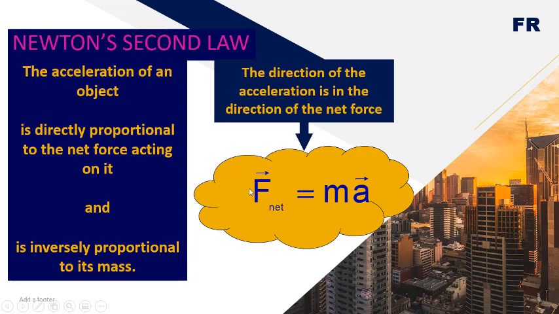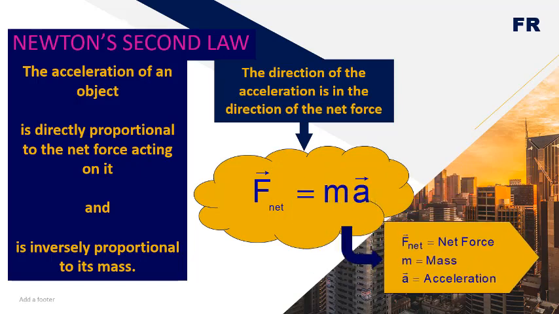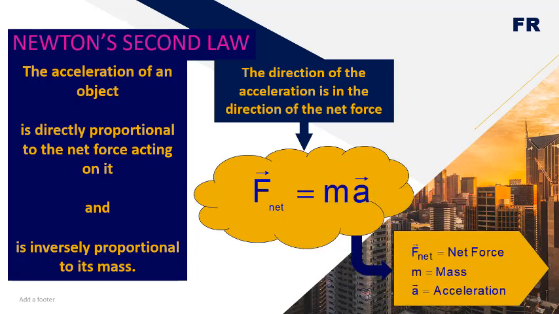And here is the vector form of Newton's second law, which is F net equals ma, and we can see that the left and the right side of the equation both have the same sign, indicating both sides of the vectors are always in the same direction. The definitions of F net, m, and a are given there.